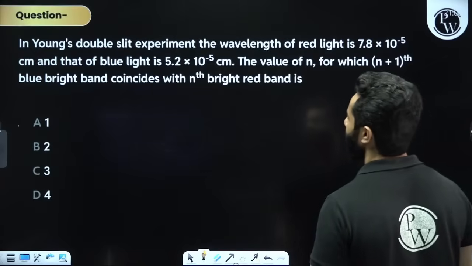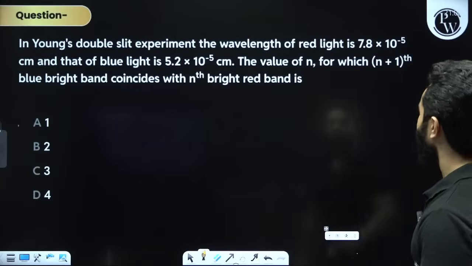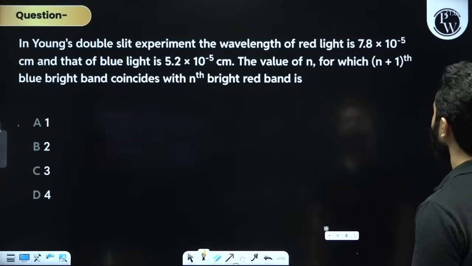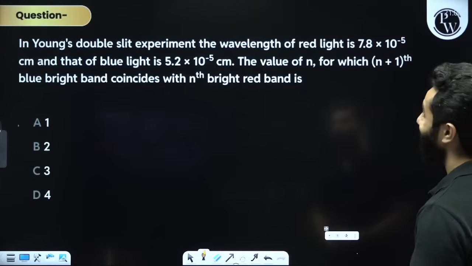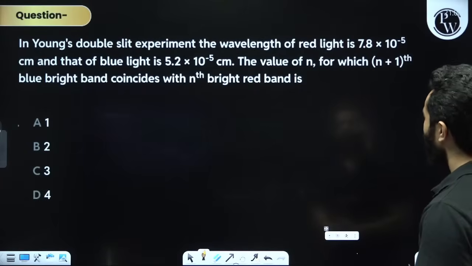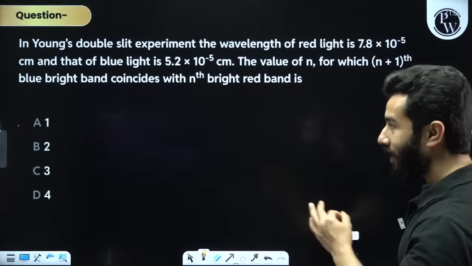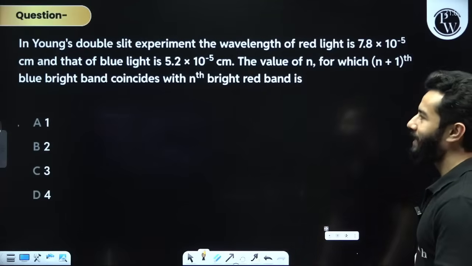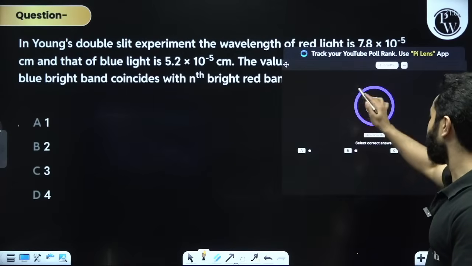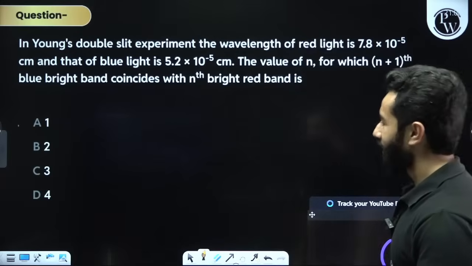In Young's double slit experiment, the wavelength of red light is, we know it is 780 nanometer, 7.8 into 10 to the power minus 5 centimeter they are saying, and that of blue light is this. The value of n for which n plus 1th blue bright band coincides with the nth bright band. Let's start. 45 seconds. Chalo, try to do it.